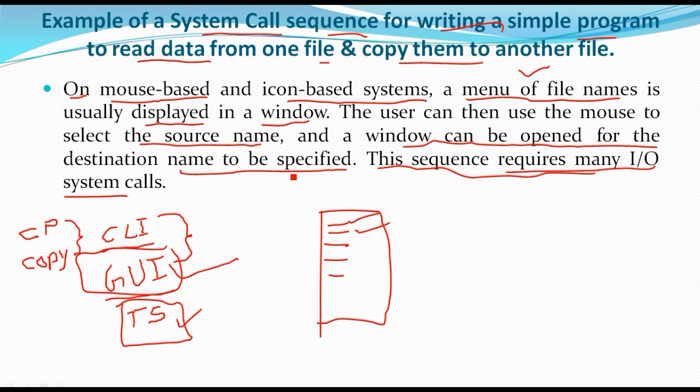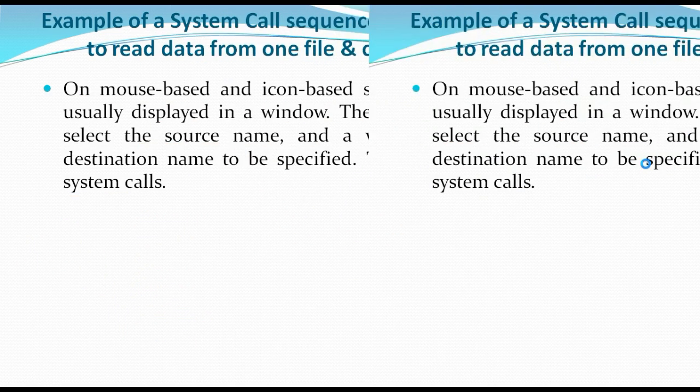As I said, if I am copying from C to D, I will use the mouse and just copy the content or files of the C drive, and then paste it into the D drive. So there also I may require many IO system calls. Right, so this is all about the system calls. Hope you understood all these system calls.